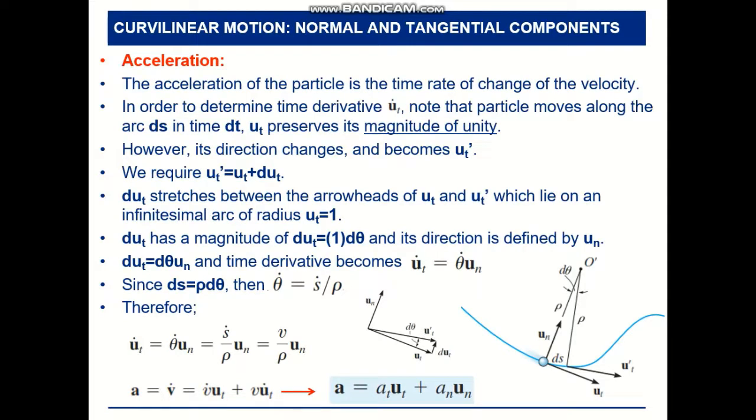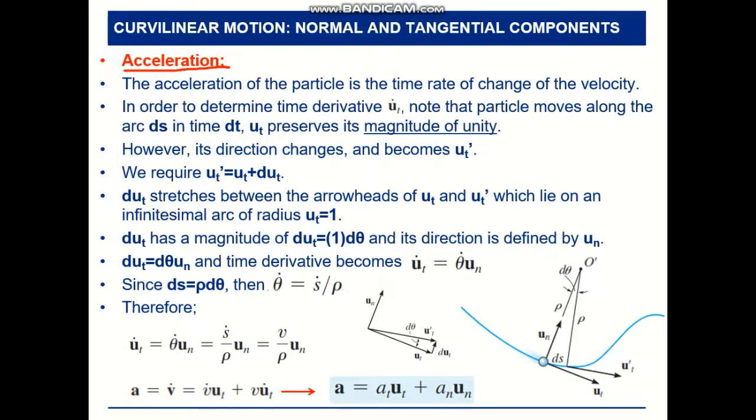For the acceleration terms, it is a little bit more complicated, but let's define it step by step. The acceleration of the particle is the time rate of change of the velocity, which, remember, is tangent to the path. In order to determine the time derivative, u dot t, note that the particle moves along the arc ds in time dt.